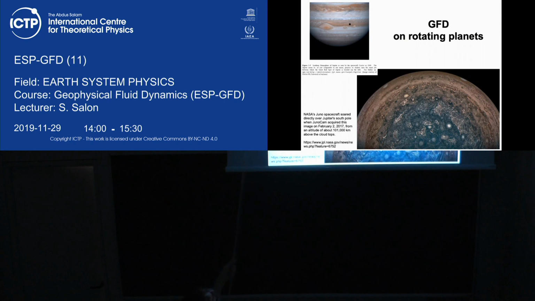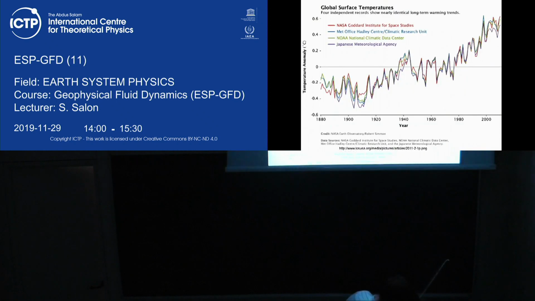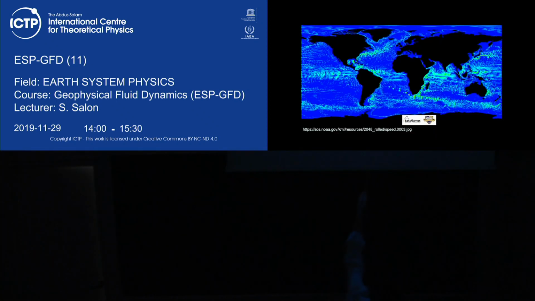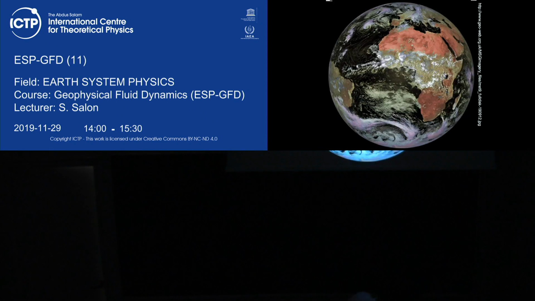This is quite an old picture that I used to show during my lecture up to a couple of years ago. And it's the famous Great Red Spot on Jupiter, which actually is a GFD phenomenon. So you will see this is something which is rotating. So it's nothing very different from the other phenomena that we saw before, from here, for example, or from here.